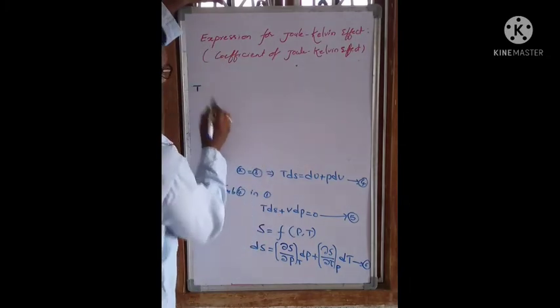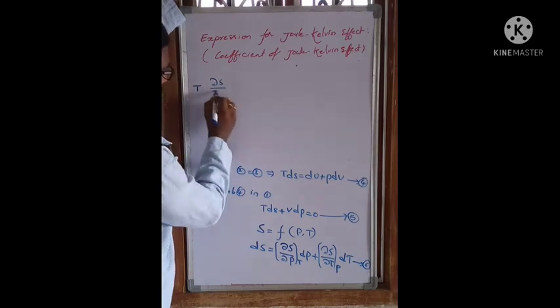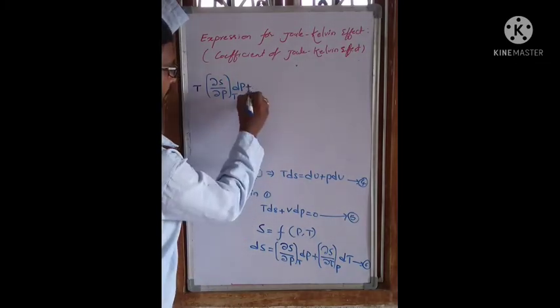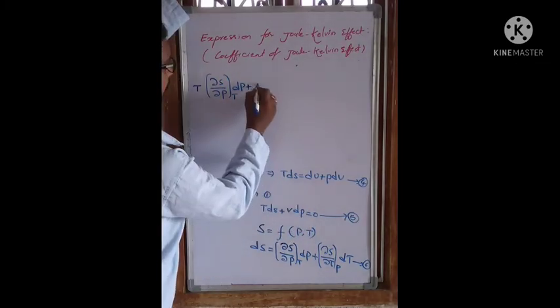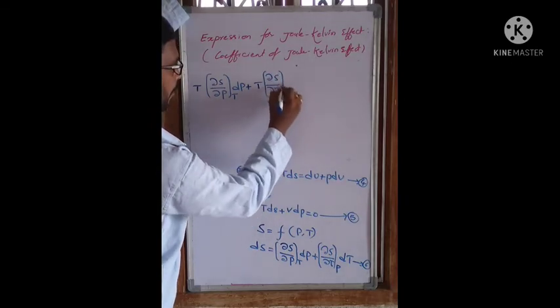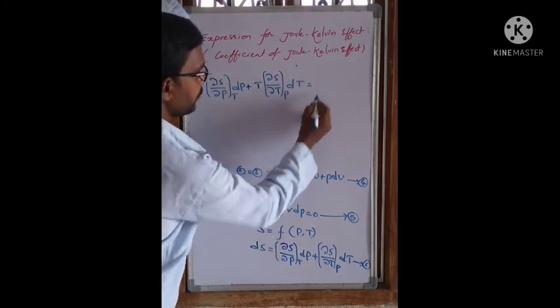Substituting the dS value here, we get T into dou S by dou P at constant temperature into dP, plus T dou S by dou T at constant pressure P, dT, plus V dP equal to 0.